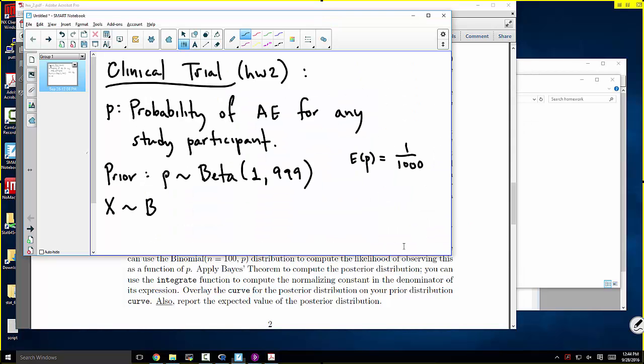So we could say that X, let's define X as the number of adverse events in the first 100 subjects.